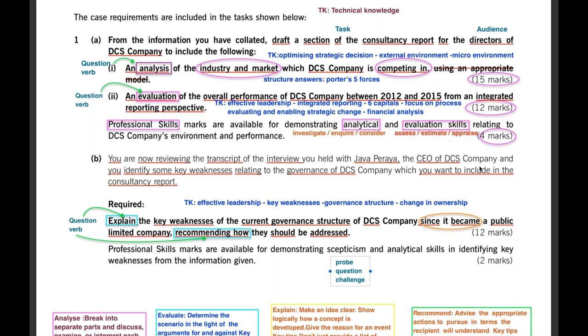What you need to do is read a lot on business news. That is very crucial, because when you read a lot of business news, it gives you lots of ideas on how to address your SBL question. It plays a big role there.